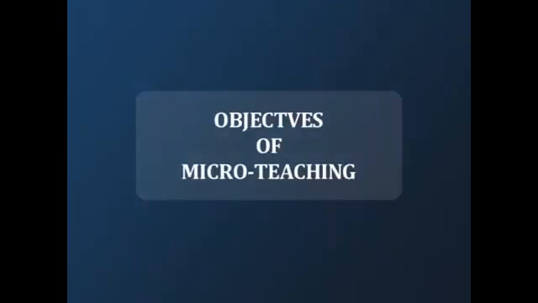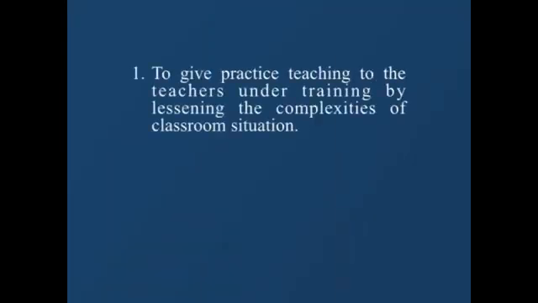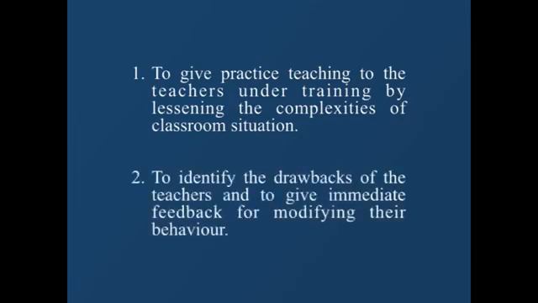Objectives of microteaching. The objectives of microteaching are: number 1, to give practice teaching to the teachers under training by lessening the complexities of classroom situations. Number 2, to identify the drawbacks of the teachers and to give immediate feedback for modifying their behavior.